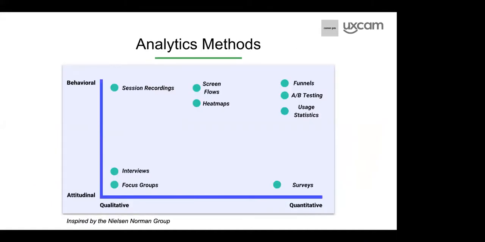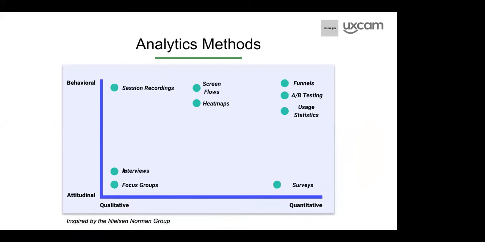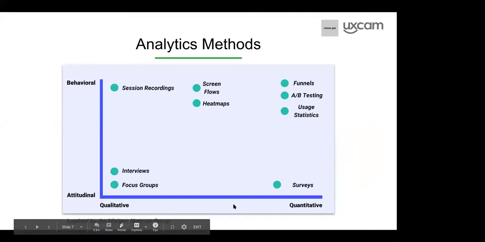Here I have a short graph I want to share with you to explain it. For example, here we have the qualitative analytics methods. These are things like focus groups, interviews, or session recordings. There's also a differentiation between behavioral and attitudinal. And then we also have the quantitative data.